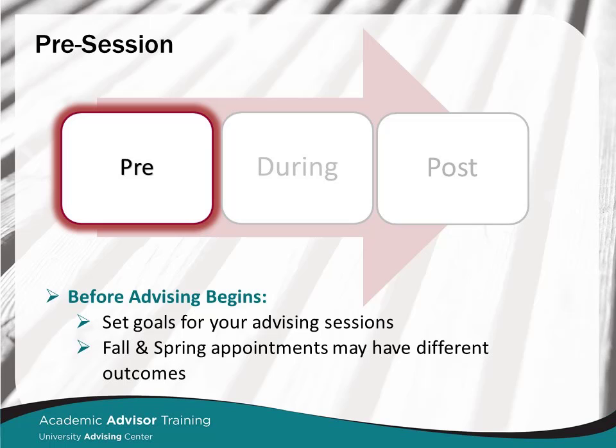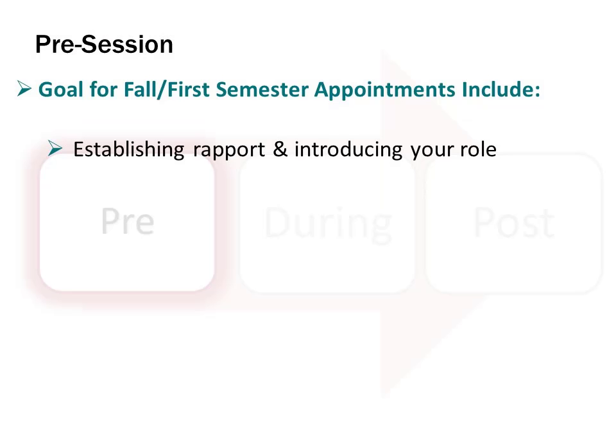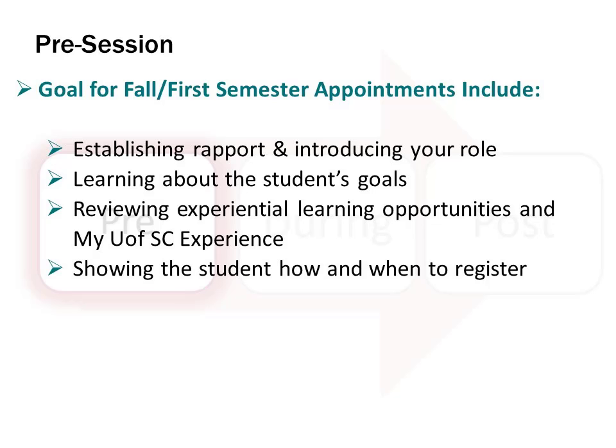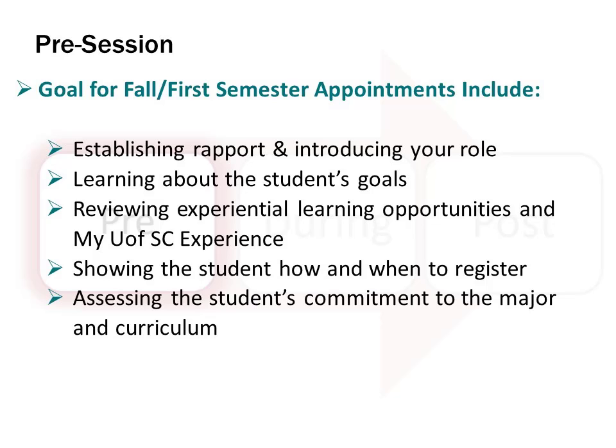Goals for fall first semester appointments include establishing rapport with the student and introducing your role, learning about the student's academic and career goals that impact curriculum decisions, i.e., study abroad, internships, pre-professional, early graduation, minors, etc. Reviewing experiential learning opportunities and My UofSC experience, showing the student how and when to register, assessing the student's commitment to the major, and making referrals to appropriate resources.